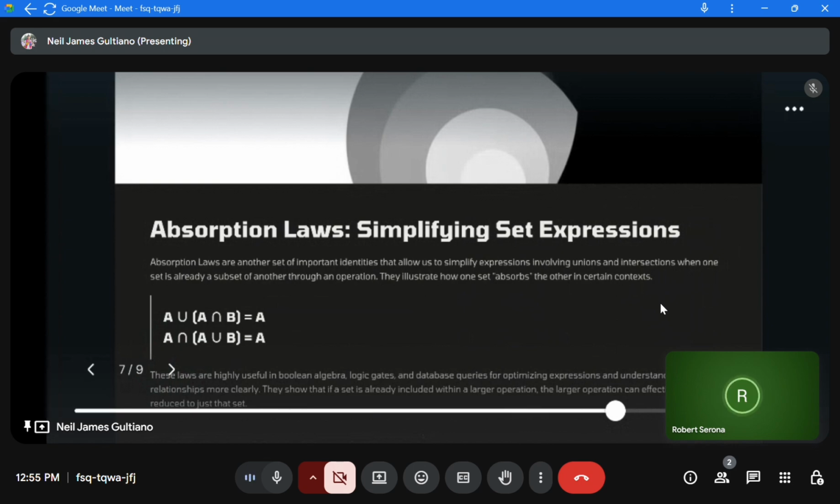The larger operation gets absorbed by A, because adding something that is already inside A does not change the result.